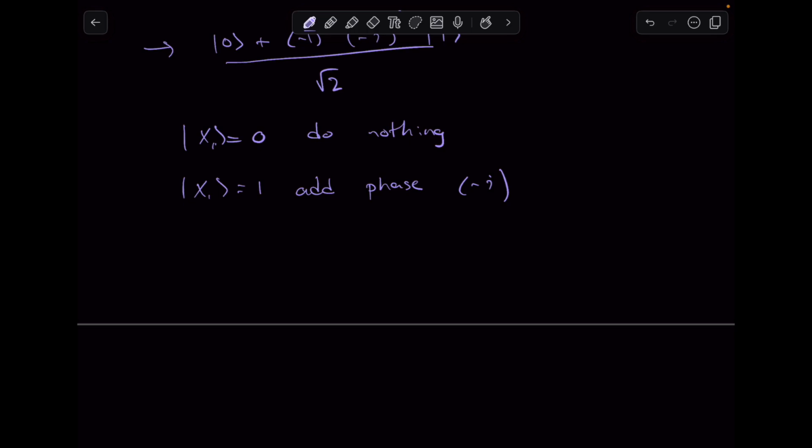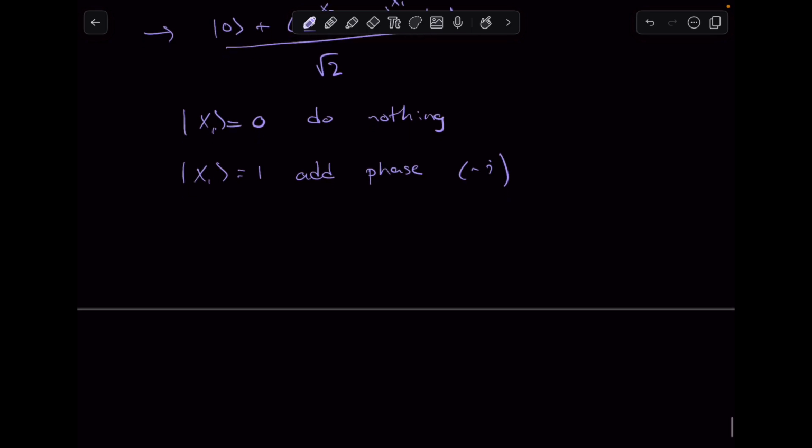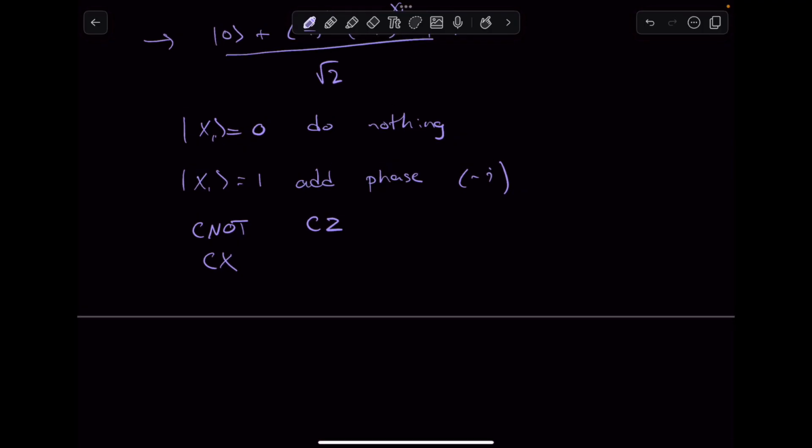The way I'm going to argue that is to say this is very similar to a gate we already know, control not, like it has that similar control structure, but it's very similar to control Z. Control Z is applying a phase of -1 conditioned on the control qubit, which in this case is x1. But instead of doing that, we don't want to add a phase of -1. We want to add a phase of -I. So that's like control root Z, which is pretty cool.